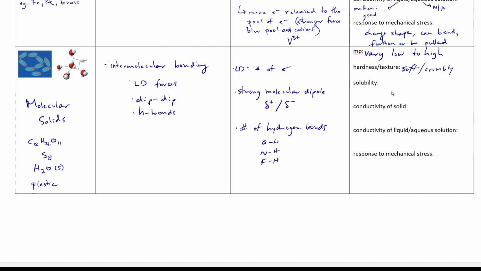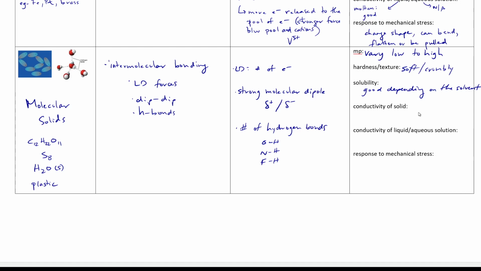And the solubility is good depending on the solvent. So if you have, for example, a nonpolar substance, well, it's going to have low solubility in water because water is polar. But if you have a nonpolar substance and you have a nonpolar solvent, well, then it will dissolve quite well.